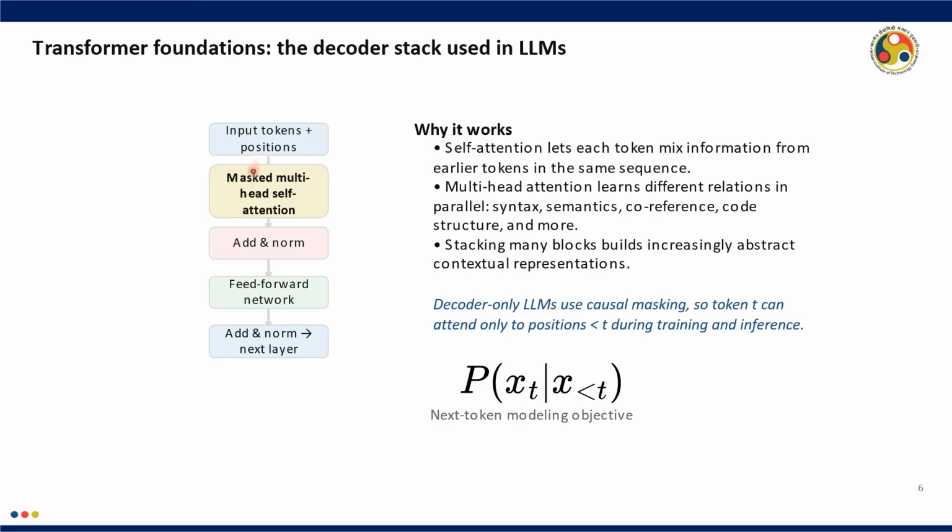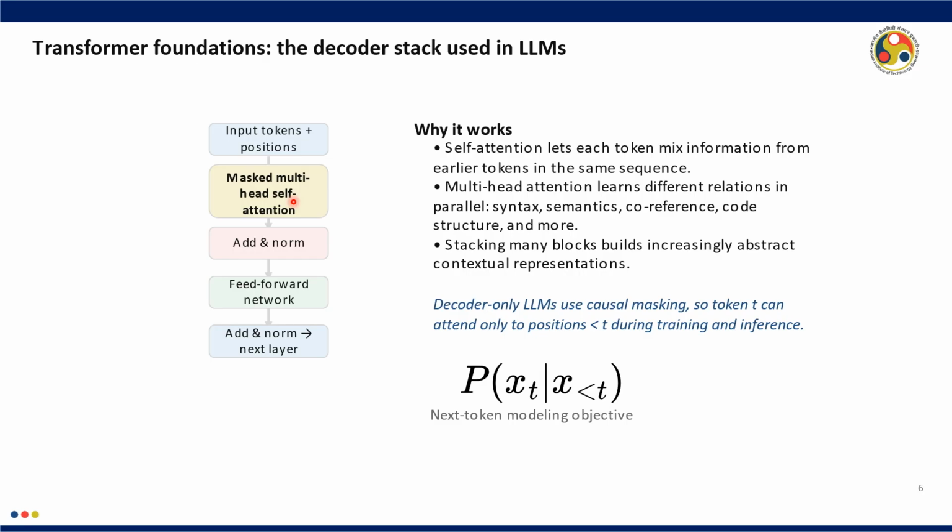Okay. So, here you can see we have the input tokens plus the positions, and then the masked multi-head self attention, which is the key ingredient of this transformer decoder block. Multi-head attention learns different relations in parallel, right.